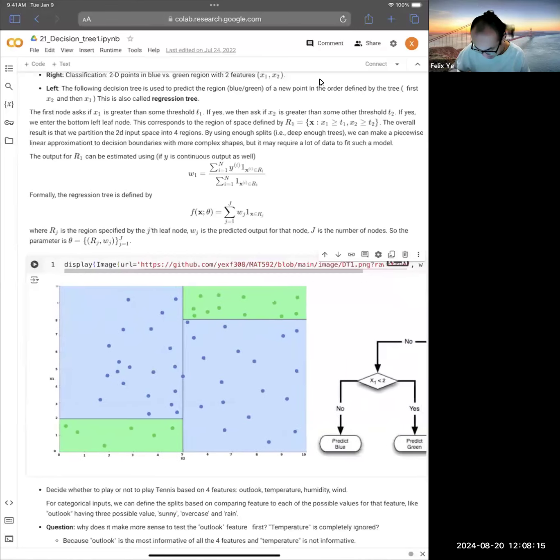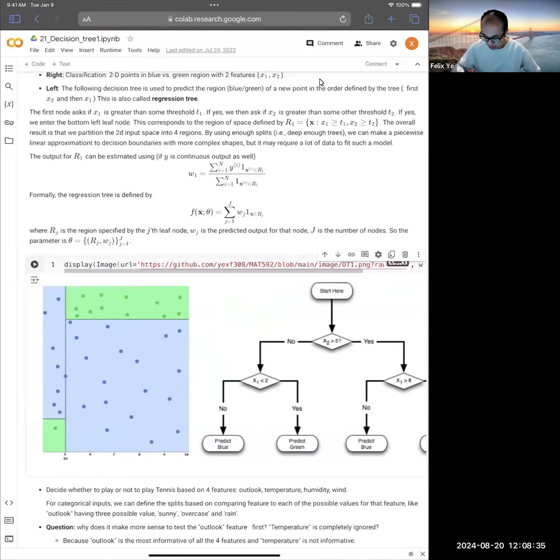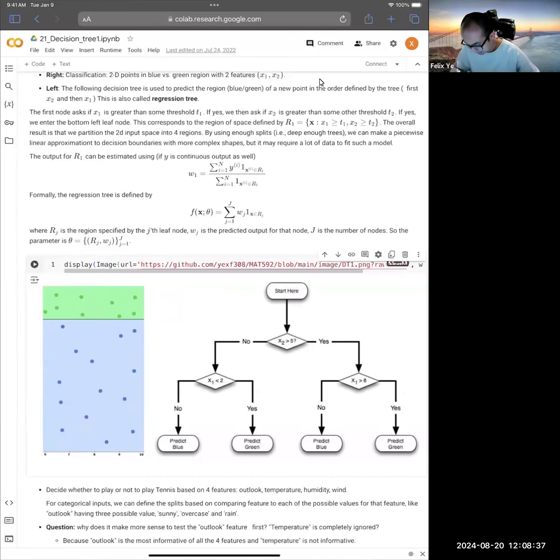Basically this separates on x2, on the horizontal axis. Then they make differences on the vertical axis on x1 right here. If x1 is bigger than 8, it will be green. If it is less than 8, it will be blue. If it is less than 2, it will be blue. If it is greater than 2, that will be green.